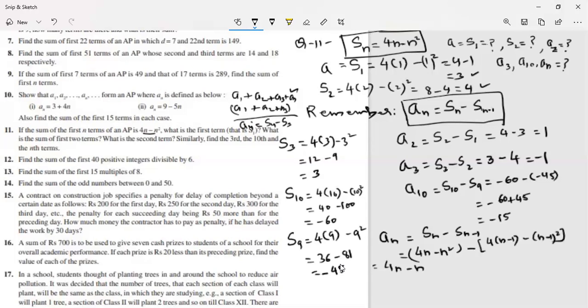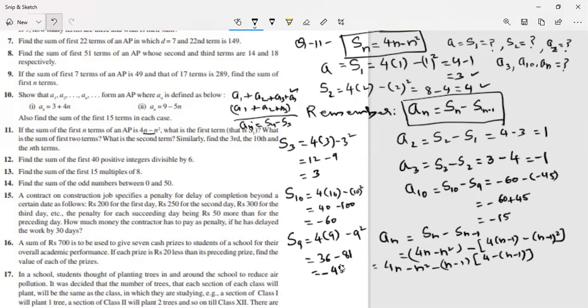4n minus n square, and minus n minus 1, you can take common n minus 1. So it will be left with 4 minus n minus 1. Because of this bracket, the sign will change. This will become minus n plus 1.